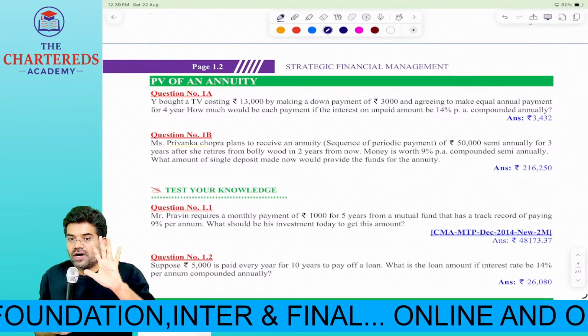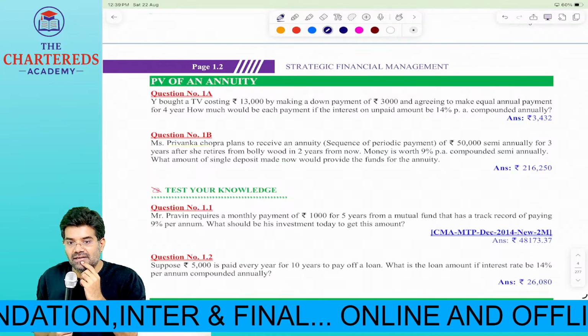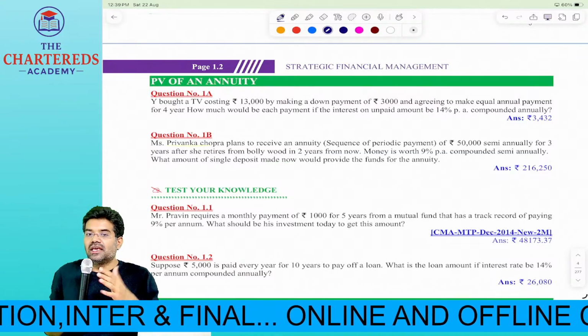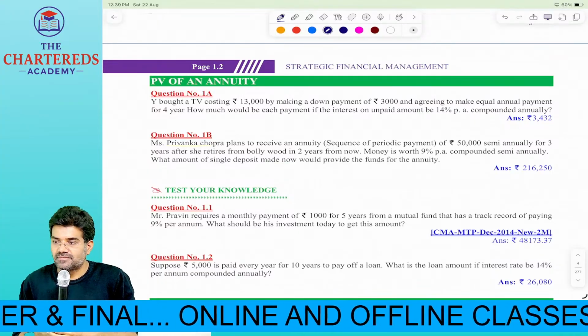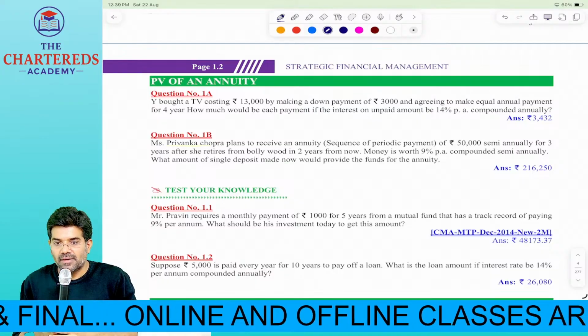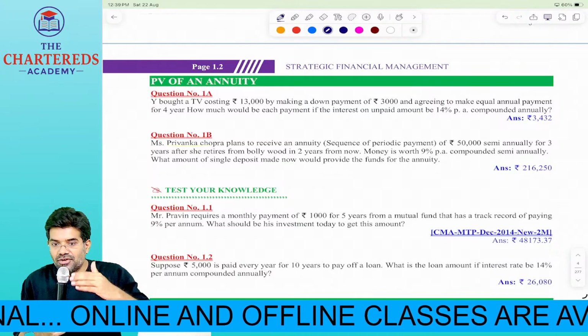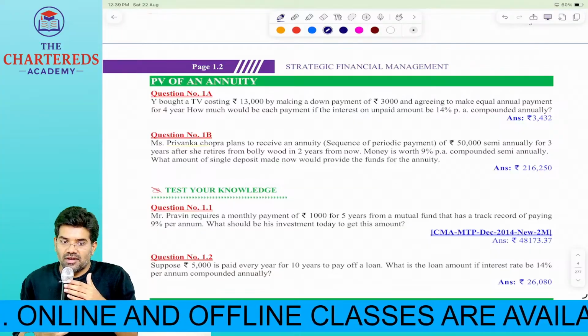Okay, 5 years is the loan period, and you want to pay every year installment or monthly installment. Equal amount you would like to pay. That means, can I call that as annuity? Tell me, can we call it annuity?